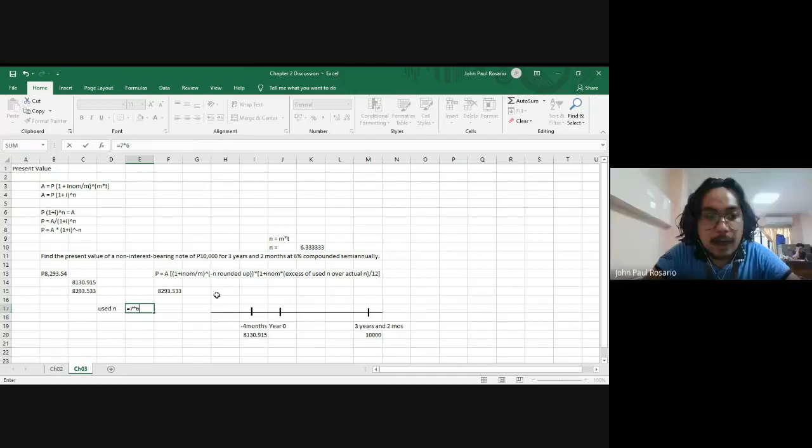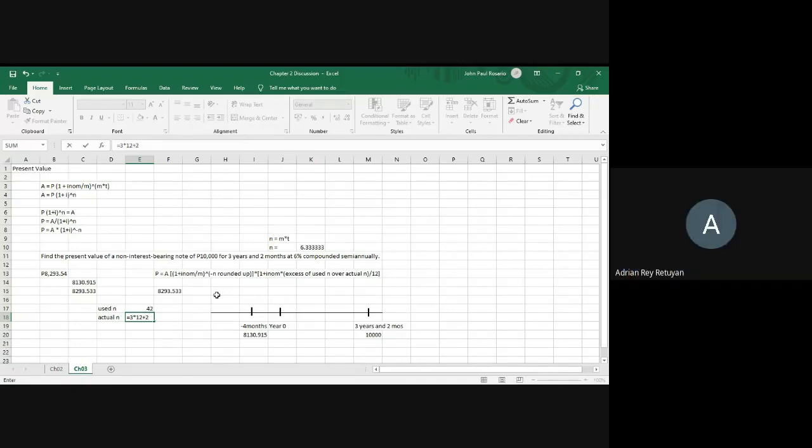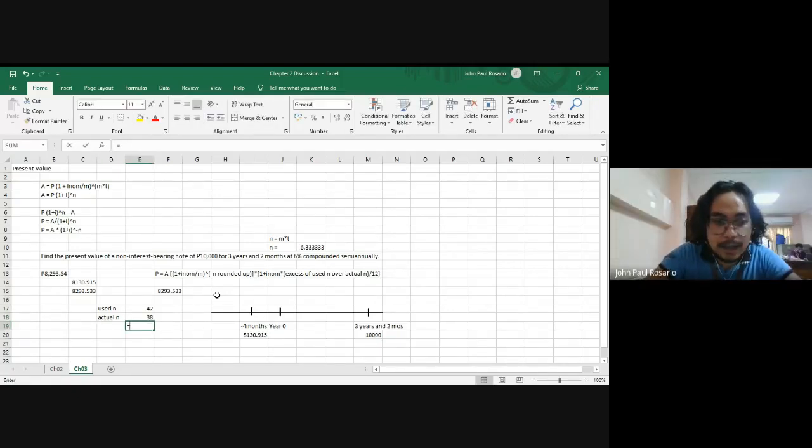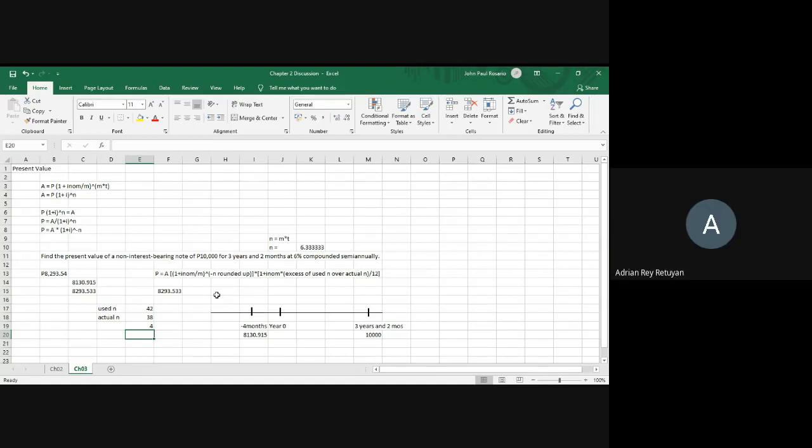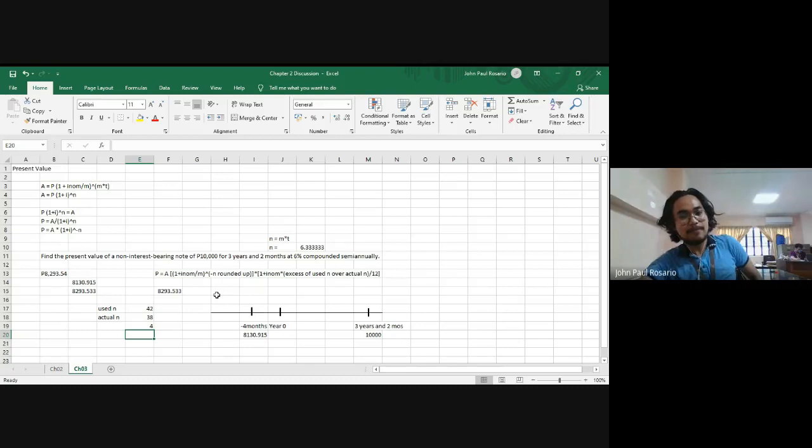Atong actual n is equals 3 years. Pila man naka months ang 3 years? So 12 plus 2 months. Tama? So nalintay difference nga 42 minus 38. 4 months. Nasundan? Okay, sige, sige.